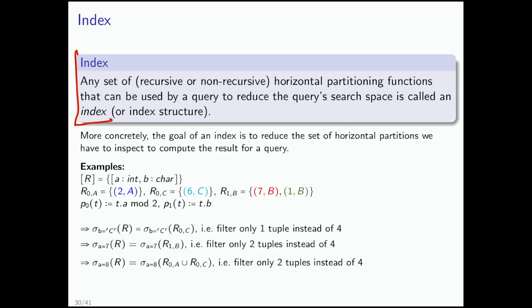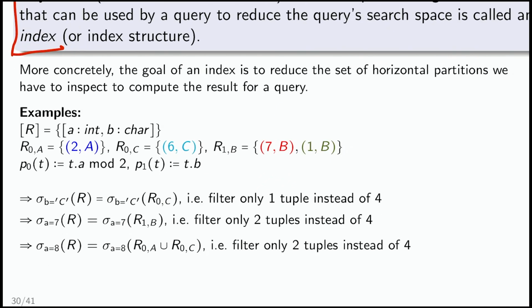And the major property of all of these data structures, index structures, is they define recursive horizontal partitionings induced by partitioning functions. And why is that interesting? Because for query processing, we can exploit it like crazy. So if you have a schema like this, with 2 attributes only, and you already partitioned this data using these 2 partitioning functions, maybe you build those 3 partitions, then you can start rewriting your queries.